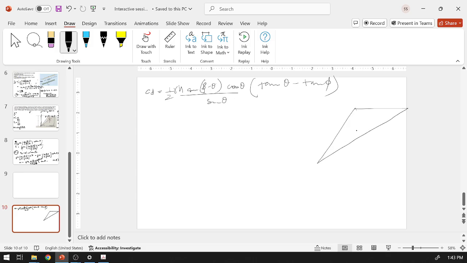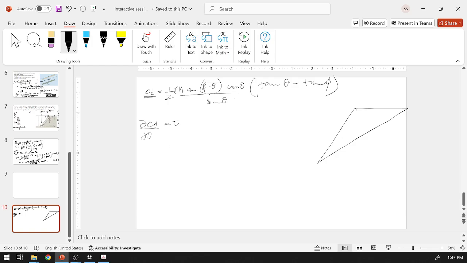So as to determine the critical failure plane, we need this to be minimum. So in this method, what we do is we take del C_D by del theta and we equate it to 0 to find the minimum.